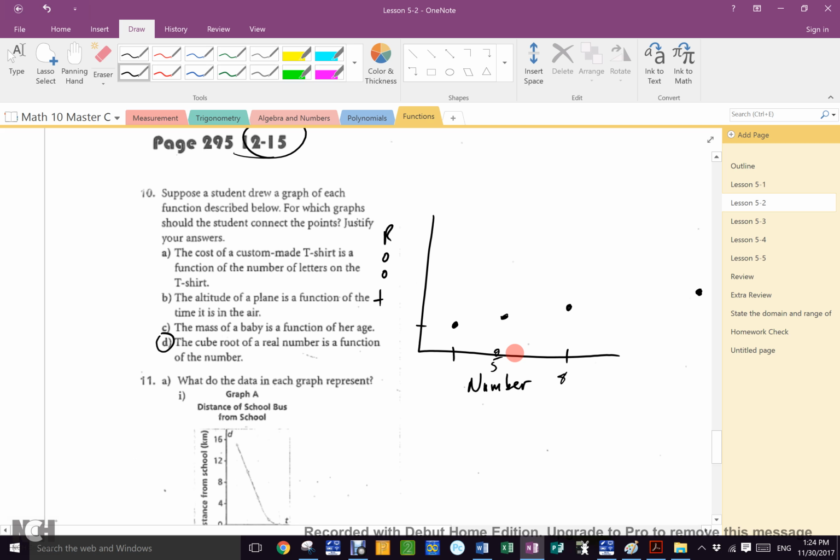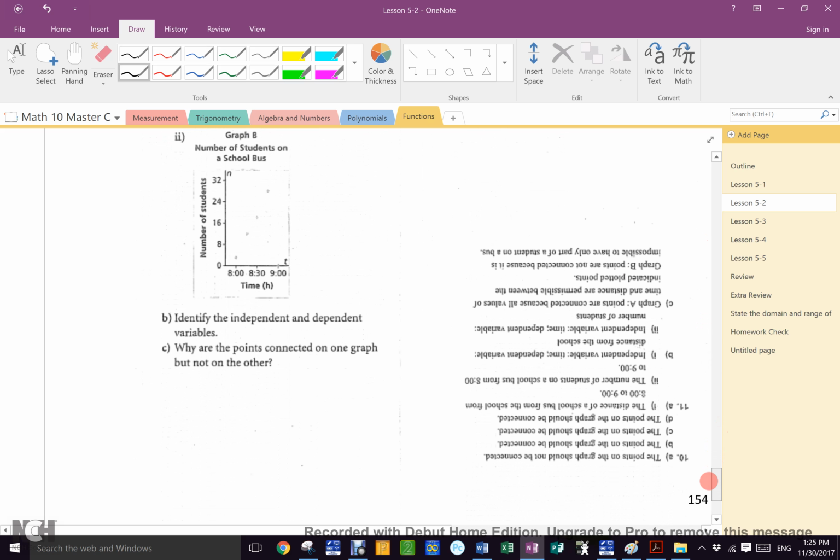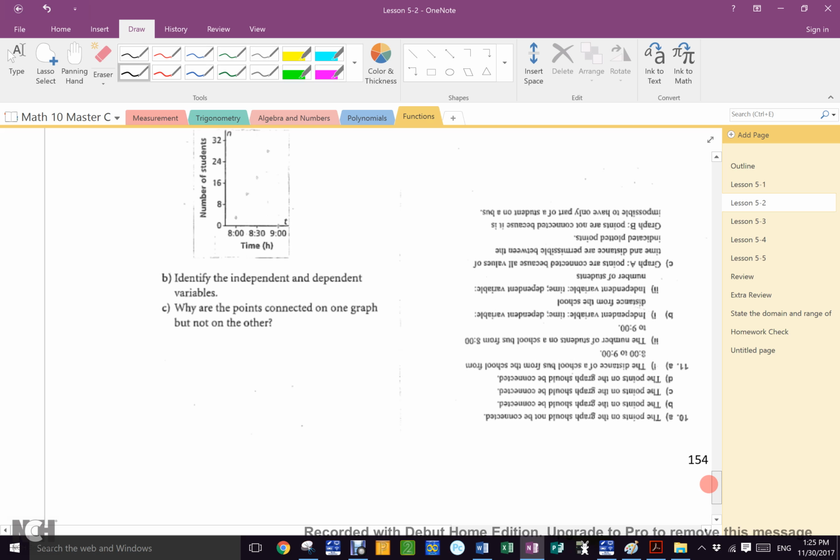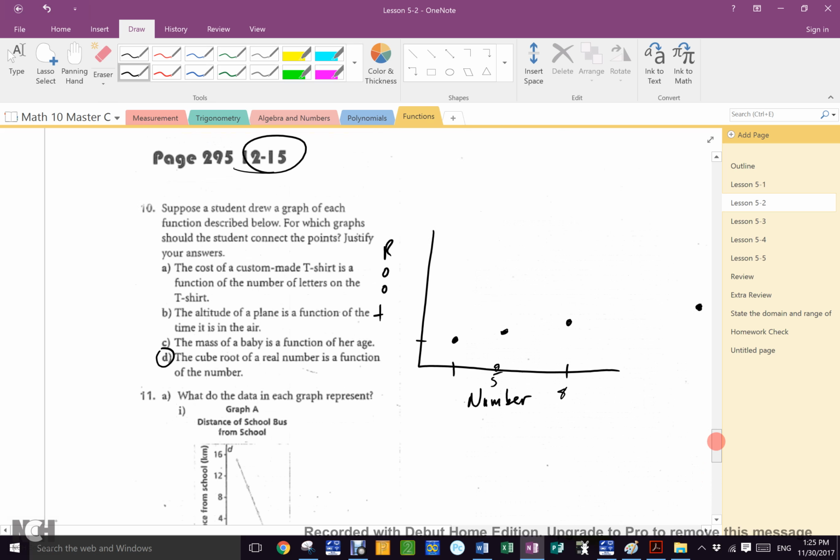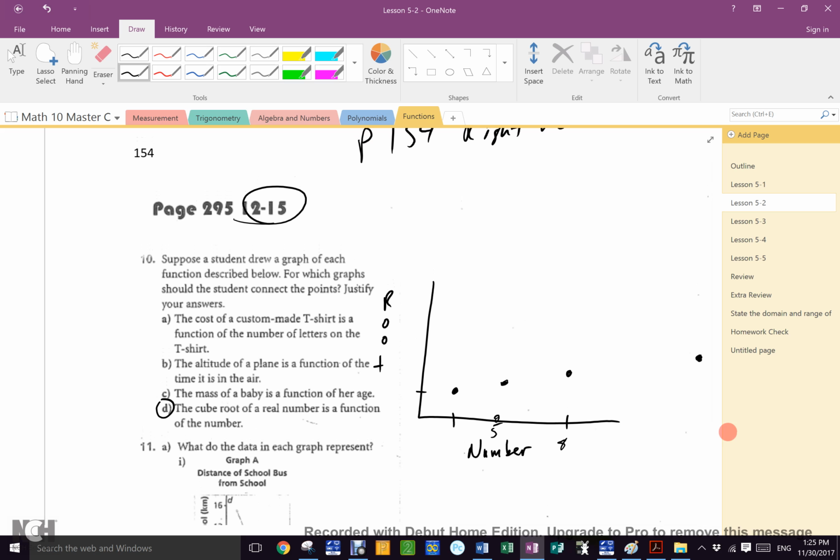If I'm just talking cube root, would I connect the line? Yes. Now, I haven't looked at the answer. What did they say? I'm interested to see. They said yes, it's a function. Okay, they should be connected. So what they're saying is I can take a cube root of every single number. And it might not be an exact cube root, but I can get it. That's what they're saying. Does everybody understand?